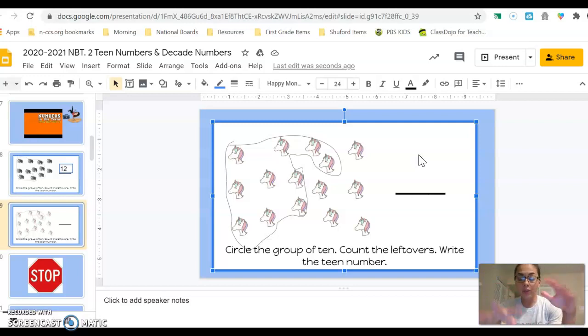So instead of going back through and counting again, I can look at this group that we circled, and I know that amount right there is 10. So then I'm just going to see how many ones we have left over. So let's count. 1, 2, 3, 4, 5. We have one group of 10, and we have 5 left over.